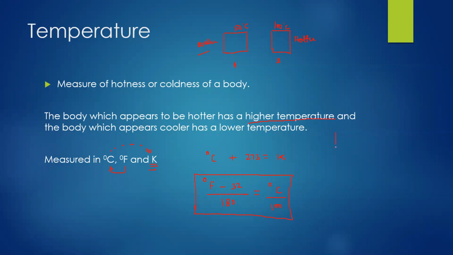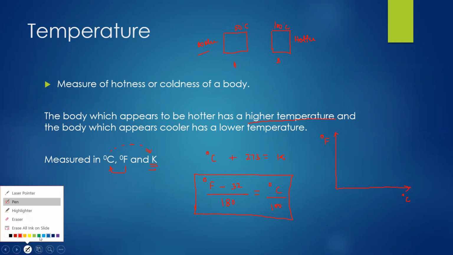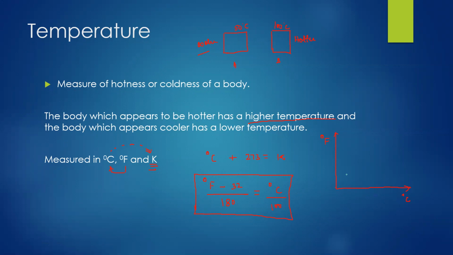If I plot degrees Fahrenheit on the y-axis and degrees Celsius on the x-axis, we know that at 0 degrees Celsius, the temperature is 32 degrees Fahrenheit.